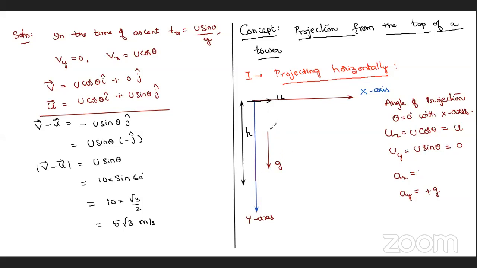And along x-axis, do you have any component? No, very good. That is 0. ax equals 0 along x-axis, ay equals plus g. Okay, right. Now I am asking, after a certain time, what will be the displacement along x-axis and y-axis?